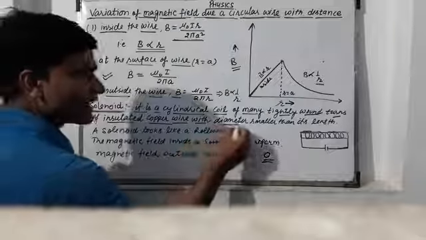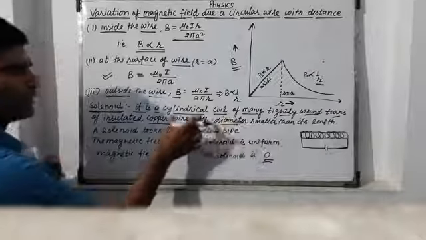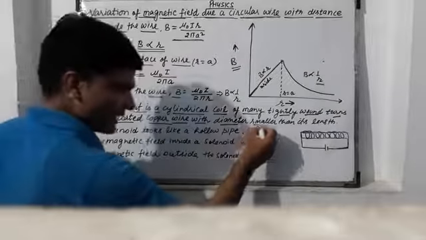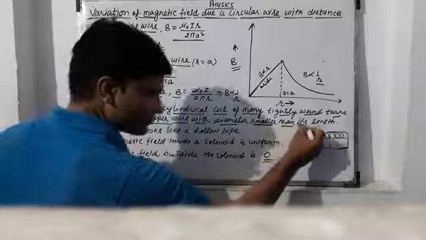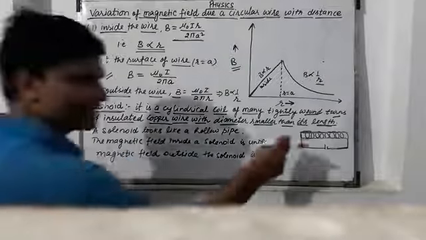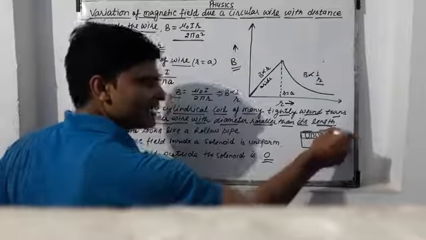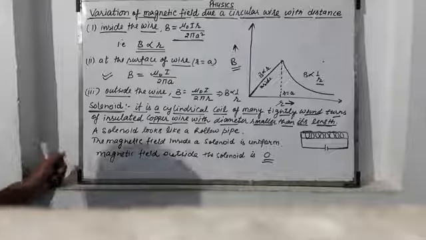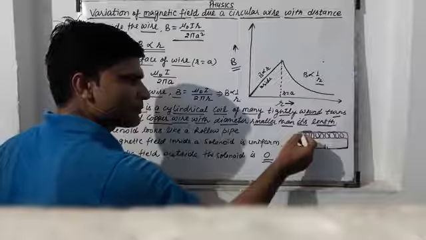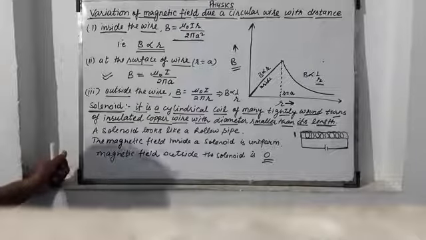The diameter of the cylindrical coil is smaller than its length, like this. The length is larger and the diameter is smaller.